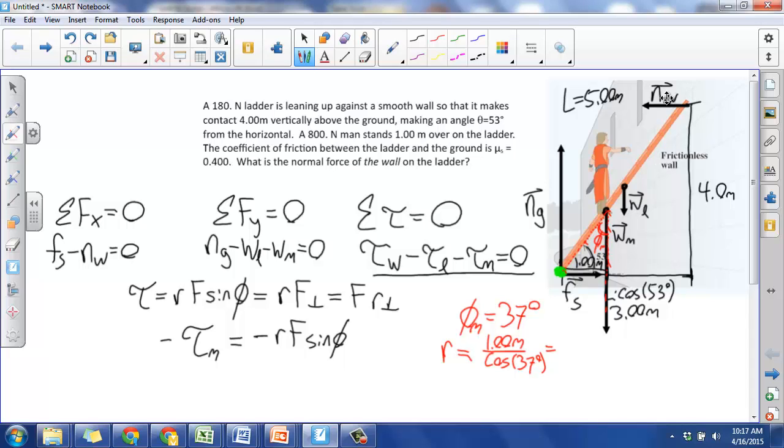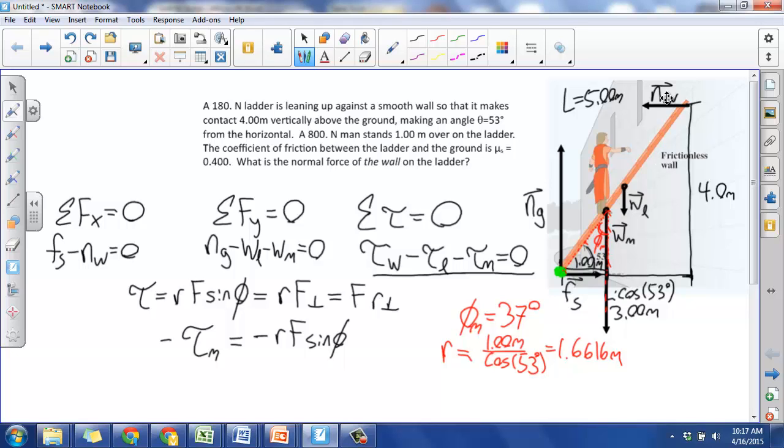Not 37, sorry, 53 degrees. It's 1.6616 meters. I'm giving extra sig figs to make sure that everything fits in.